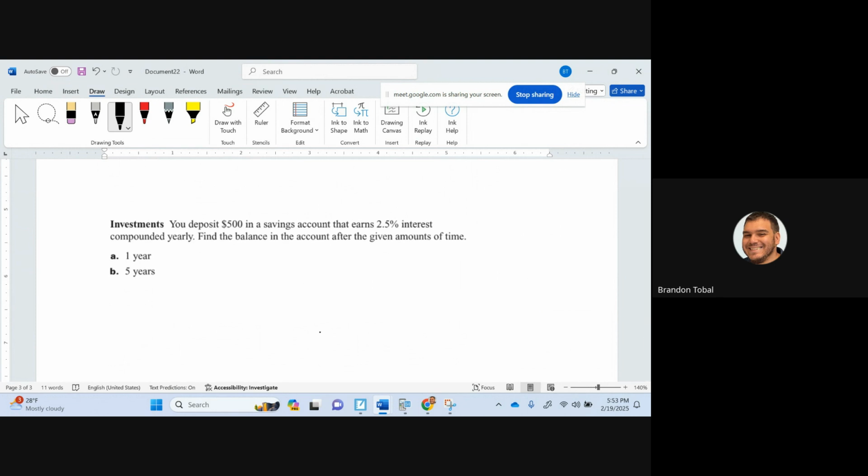Last question. You're making an account that earns, so that's going up your money, 2.5%. So 2.5% equals 0.025. Again, if you're not sure, you could do 2.5 divided by 100, and that will give you 0.025. Because remember, you have to think of 100% as 1. So 2.5 out of 100 is 0.025. You use the same formula, 500 times 1 plus 0.025 to the power of 1.